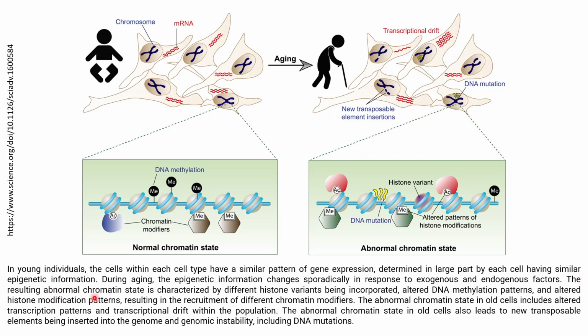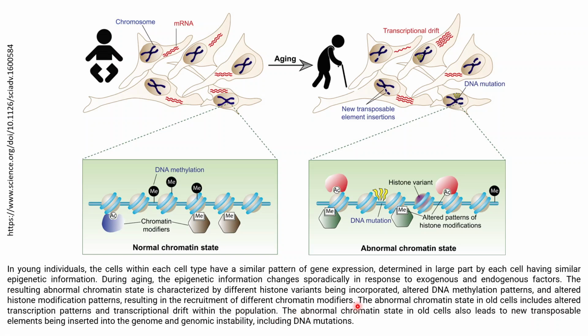The resulting abnormal chromatin state is characterized by different histone variants being incorporated, and they can have altered DNA methylation patterns and altered histone modification patterns, which result in the recruitment of different chromatin modifiers.